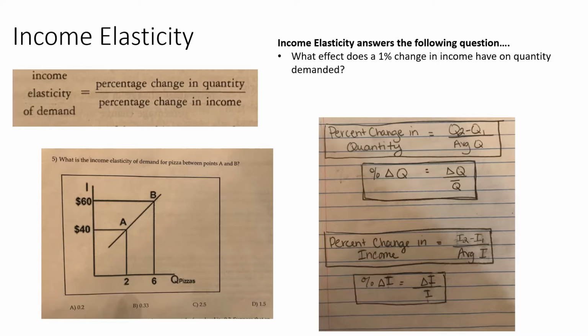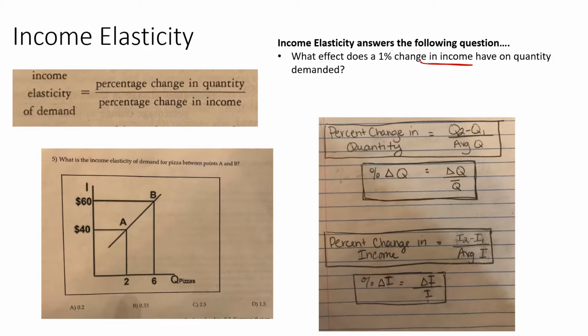Okay, we spent a lot of time on own price elasticity. So we're moving on to income elasticity. The equation is somewhat similar, but we are asking and answering the question, what effect does a 1% change in income have on quantity demanded?